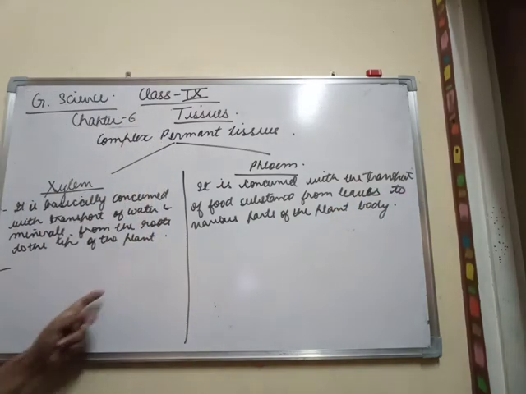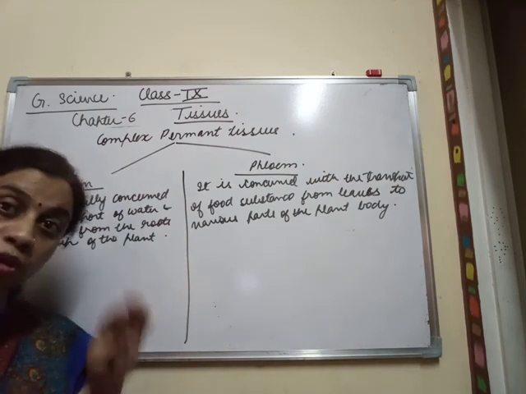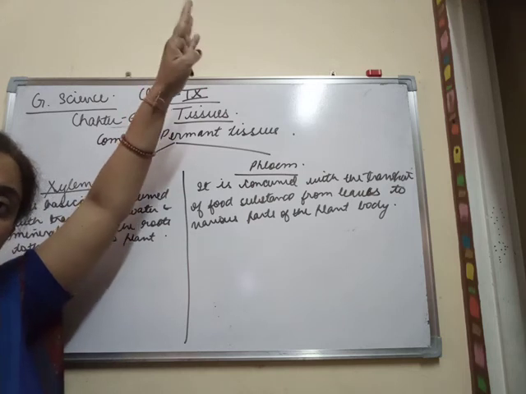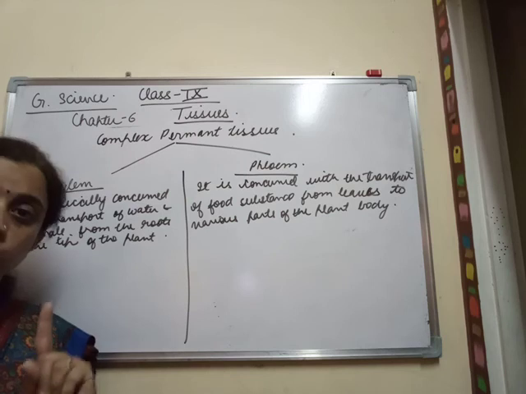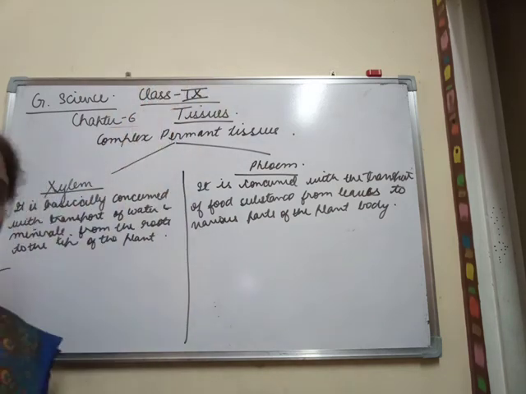So here I am saying that xylem is concerned with transportation from the root till the tip of the plant. That means it is unidirectional in nature. It is transporting the materials only in one direction, that is from the root till the tip of the plant.